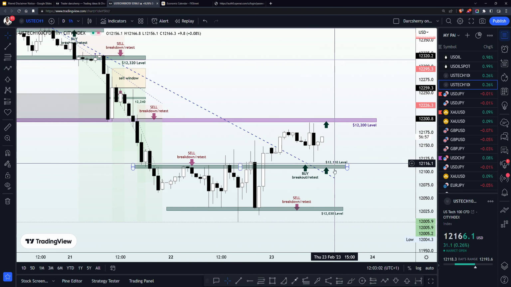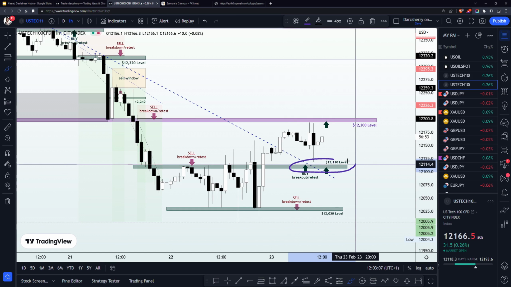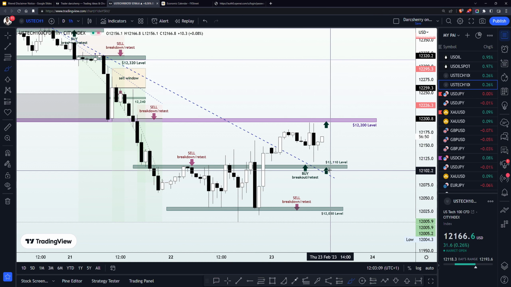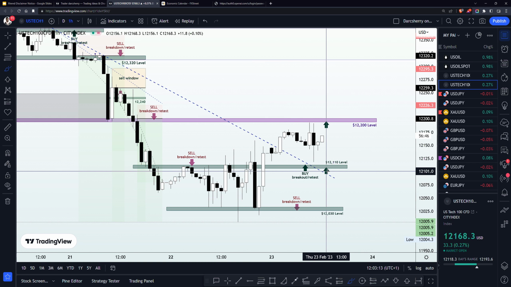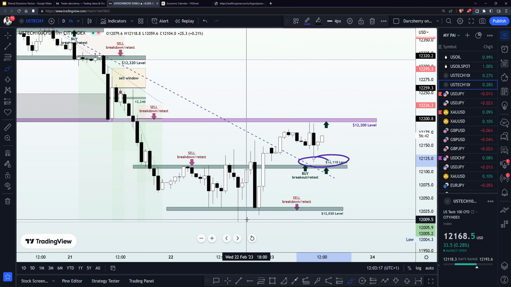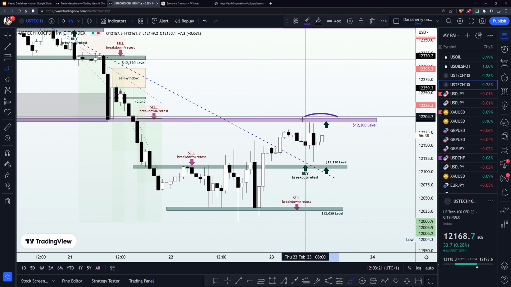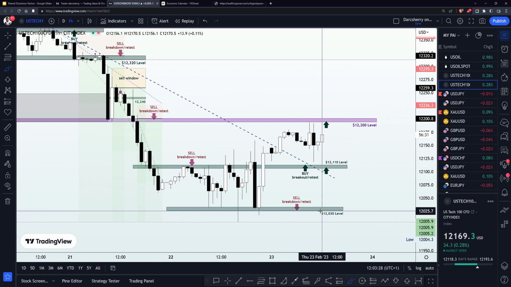The most important thing about this level is that we need to take into consideration the 12,100 level, which also shares a confluence with that bearish trend line. So what I'm simply saying is that if price action remains above the structure, we feel comfortable in our buy position, and a further breakout of the 12,200 level will welcome an additional position to our existing buy trade.